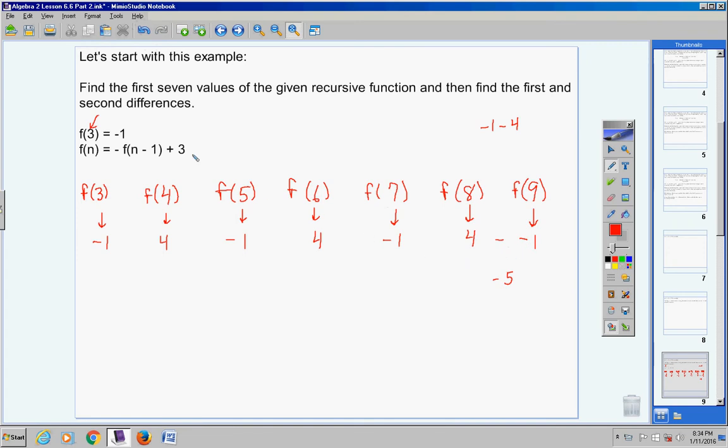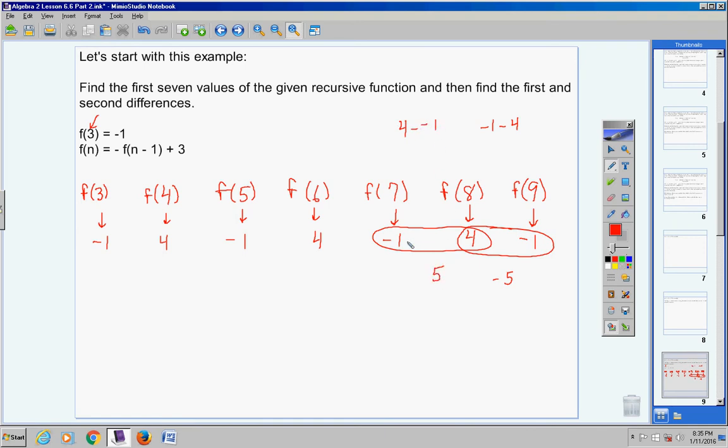That's not how you do it. You start from the left, so you only have negative 1 minus 4. So now we go to the next 2 numbers. 4 minus negative 1. I'm going to circle these. We just did these 2, okay? Now we're going to do these 2 numbers. Got it? So 4 minus negative 1 would give you a 5.